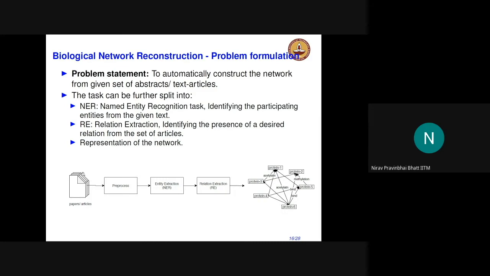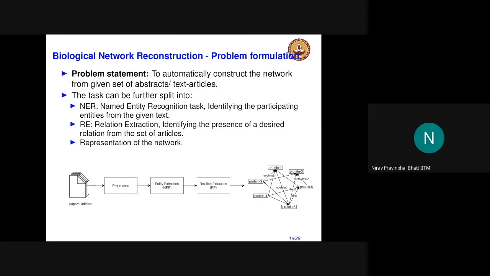Similarly, we deal with constraint-based models where a metabolic reaction network model has to be created, where we use the Recon model plus omics data. Still, we go back to the literature to see, for the particular context, what more interactions we have to add. And this again is a cumbersome process.